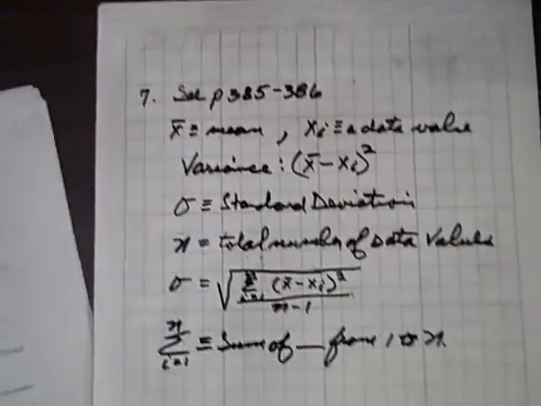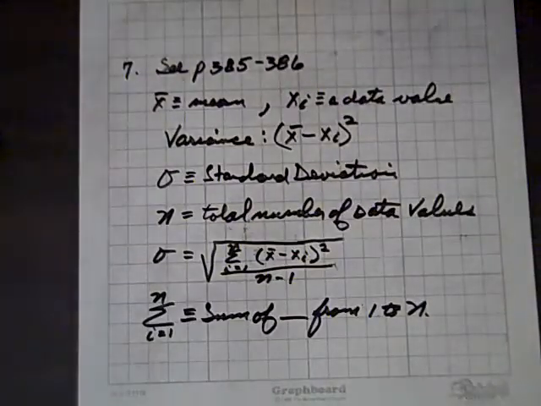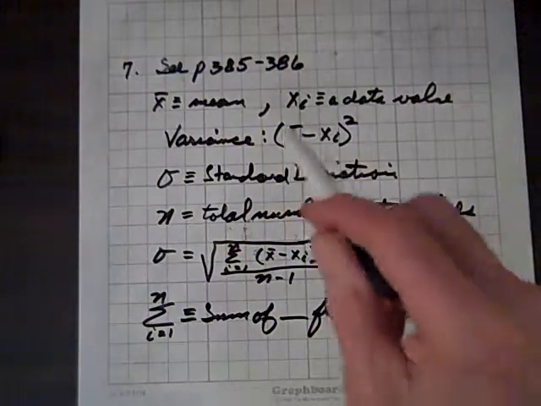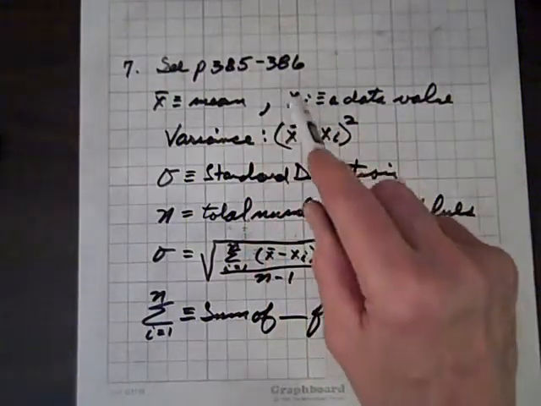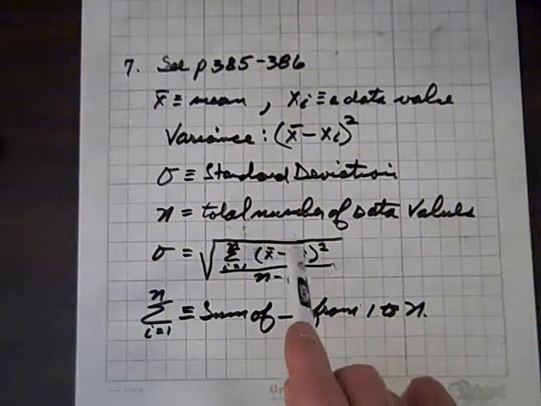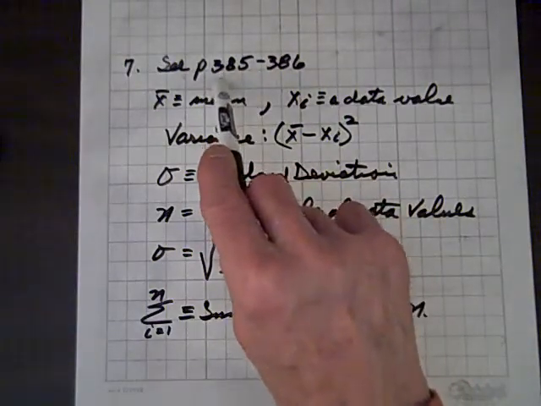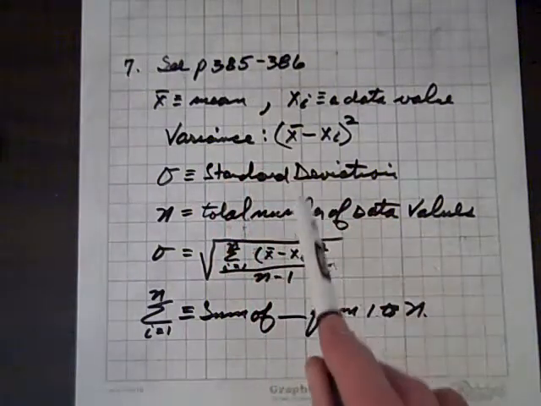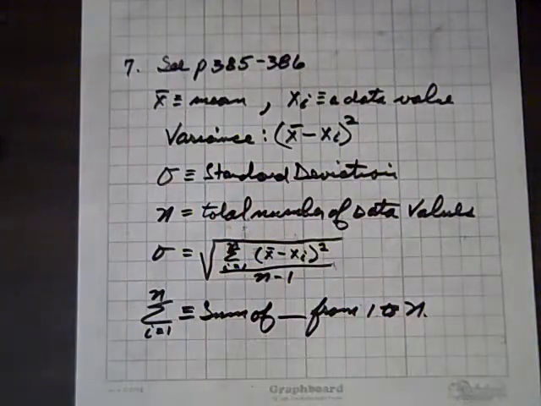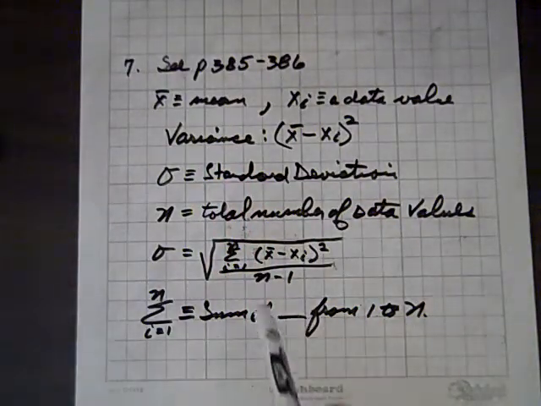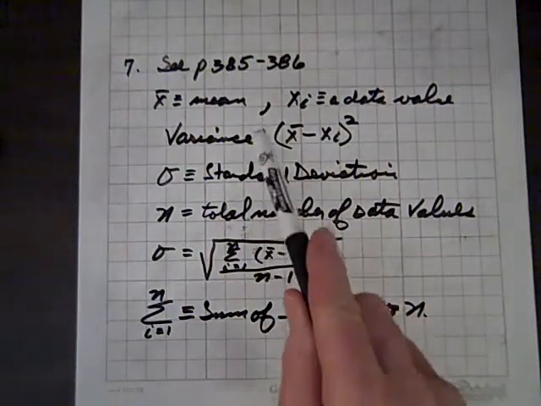So for 7, we're talking about standard deviation. That's defined in terms not using symbols as I've used them on pages 385 to 386, where you'll find the definition of standard deviation.